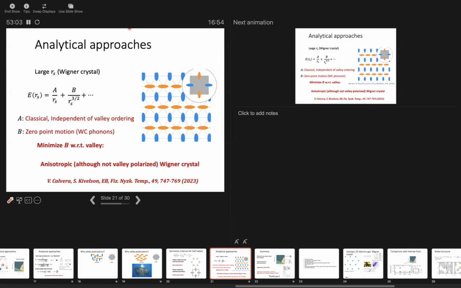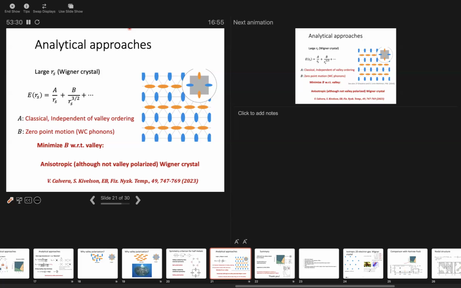What questions? Yes. In this version of the simulation, what about the exchange?